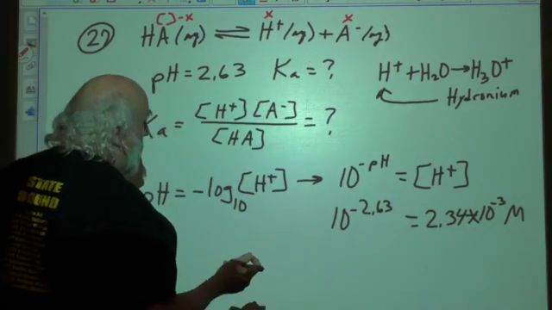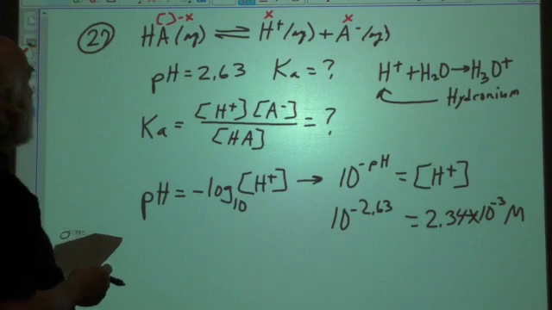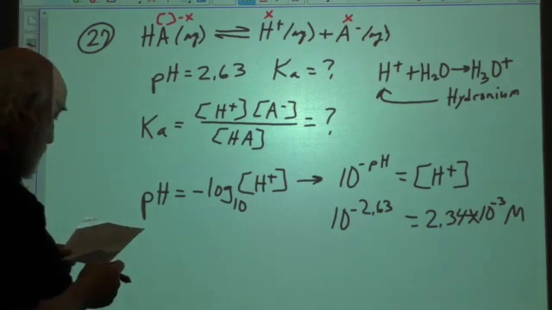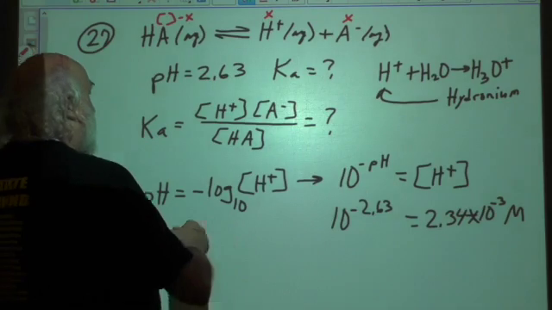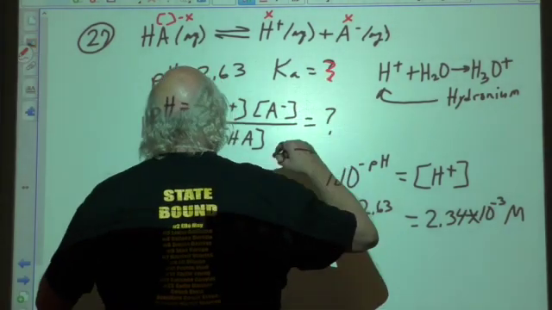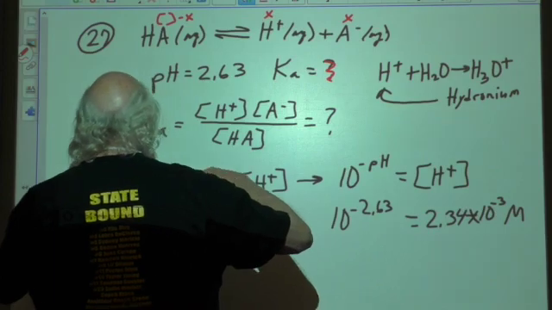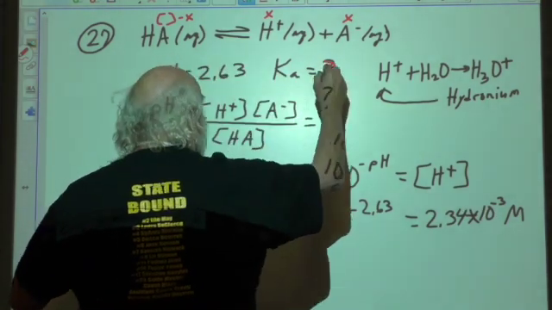Oh, they do give us the Ka. I'm sorry, the Ka is not missing here, so that's a little weird. The Ka is given to us here as 5 point. Oh, this is what we want.